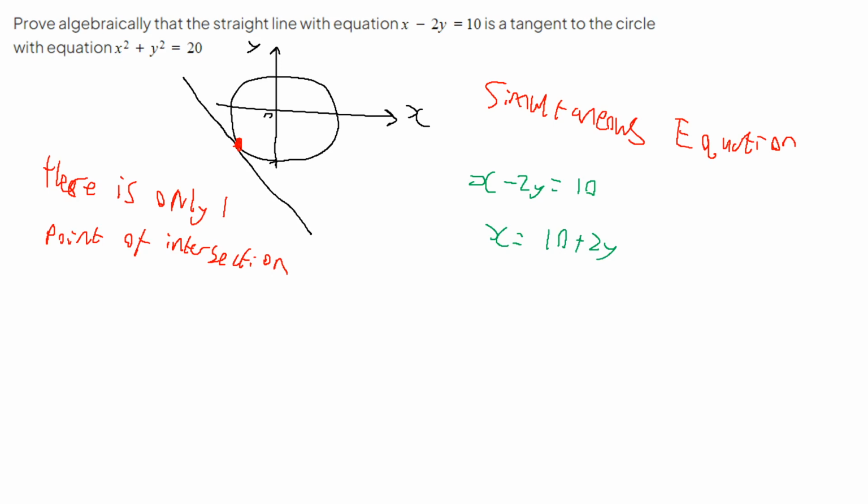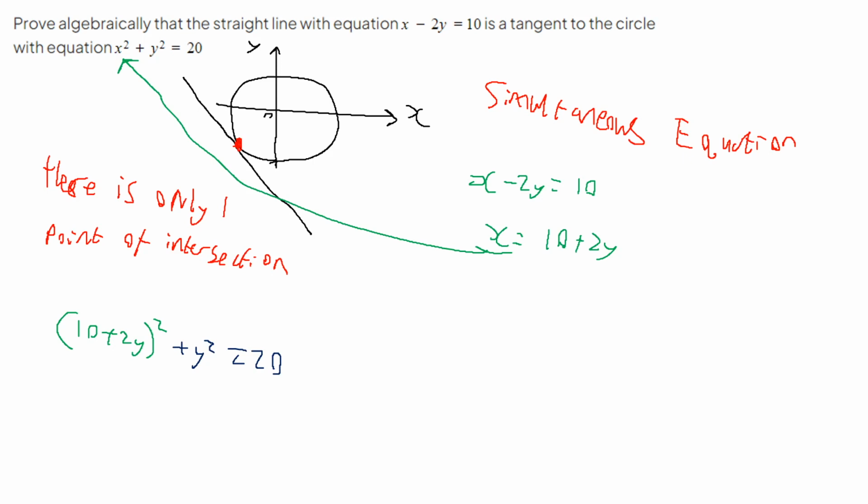And now we sub in x for this number here. So what we're left with is (10 plus 2y) all squared plus y squared is equal to 20.